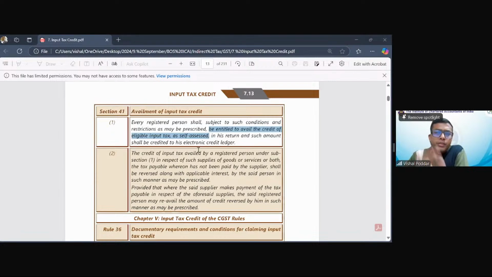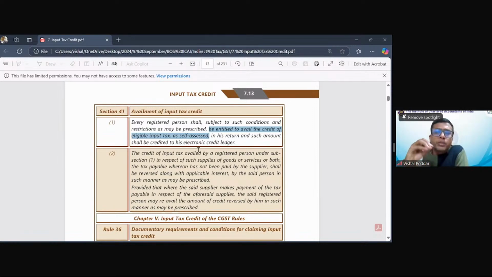So availing simply means showing it in your 3B return, and availing means it adds to the credit balance. So let us say my opening balance at the start of this month was 100. During this month, I received multiple invoices. I checked all the conditions and found out of these invoices which are eligible.